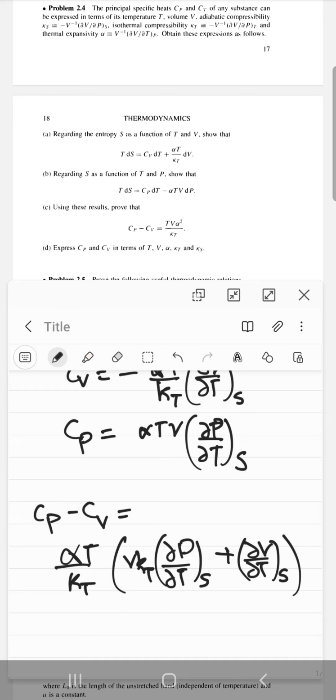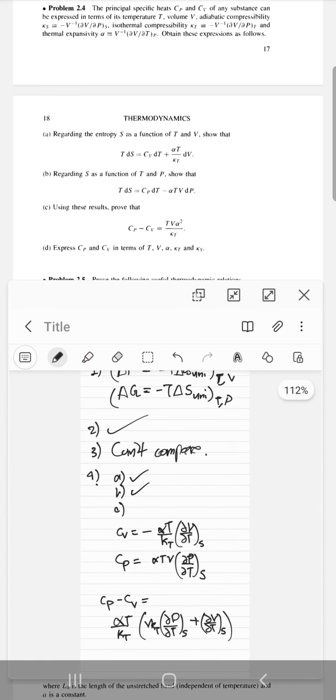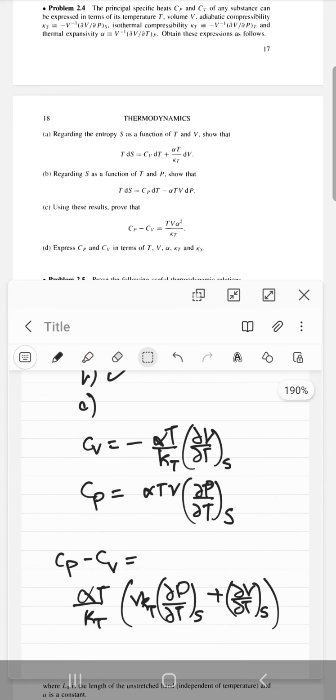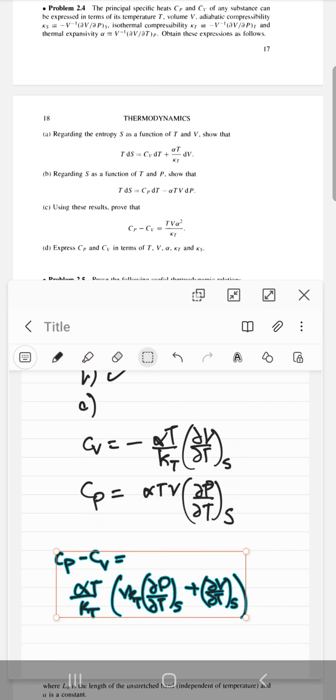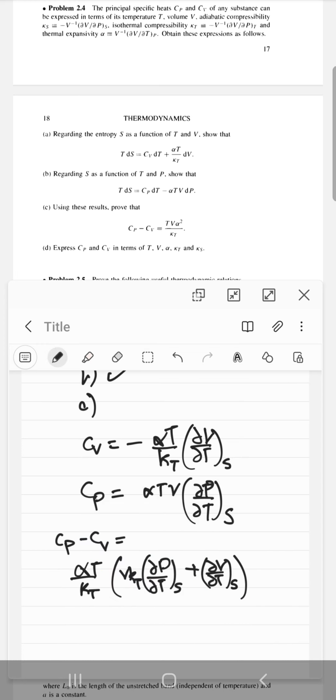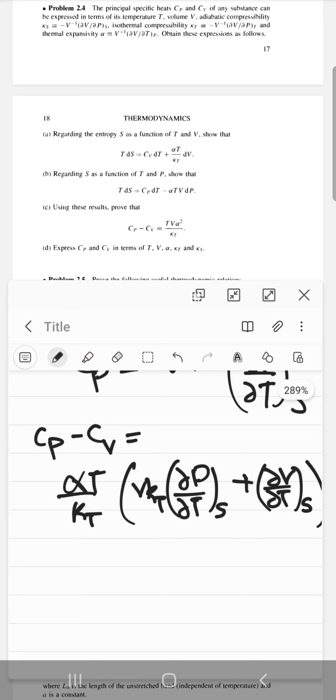Fine, so let's just figure out what we are supposed to be proving. I still am not convinced with this, but I'm just gonna run along with it and see what happens. So what you have is that alpha V, that quantity should be equal to this quantity.